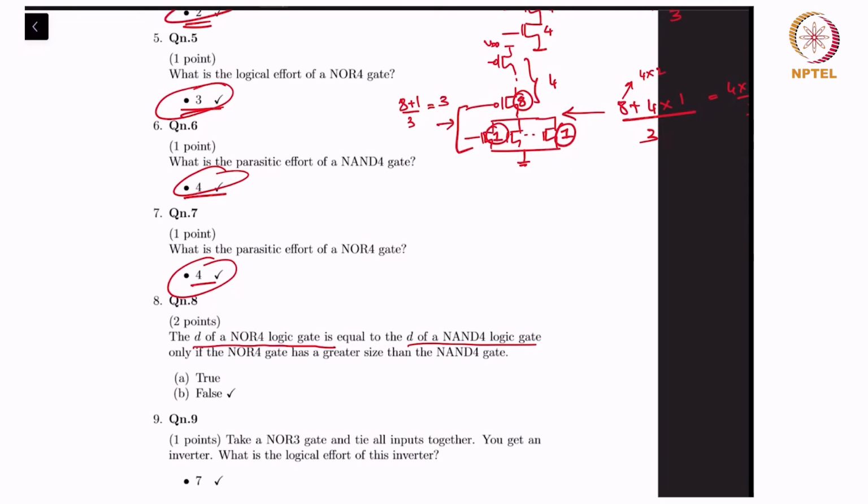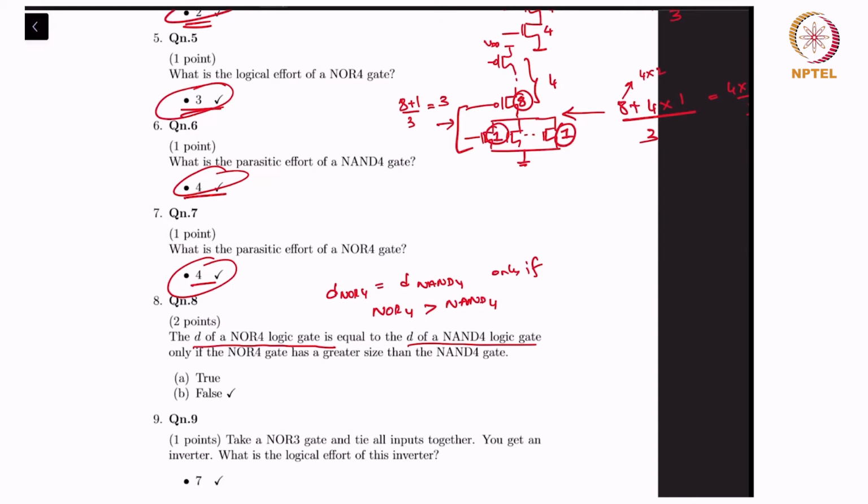So the question is, D of NOR 4 is equal to D of NAND 4 only if the NOR 4 has greater size than NAND 4, which is to say that the electrical effort is lesser. That's not the only thing that can make the electrical effort lesser, but it's one thing that does.